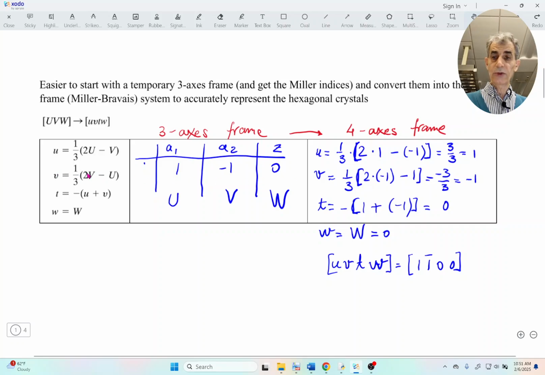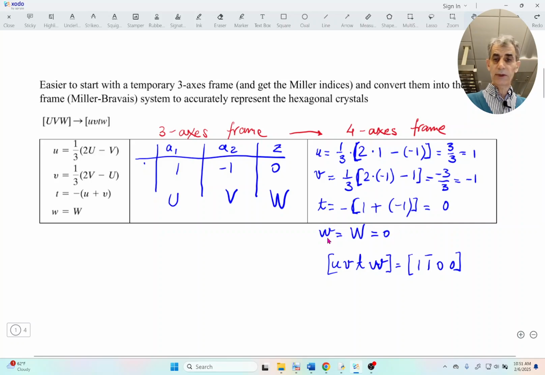You can see the relationship is nicely drawn: you have 2V when you talk about V, and 2U when you talk about U. And for the fourth axis, we get the negative of small u plus small v. So small u is going to be 1, small v is going to be -1, and when we add them together, we get 0.